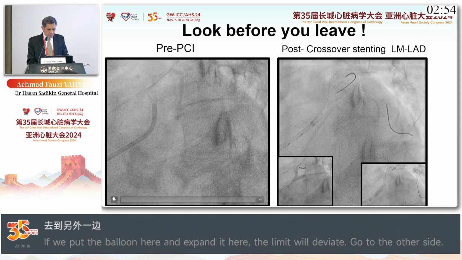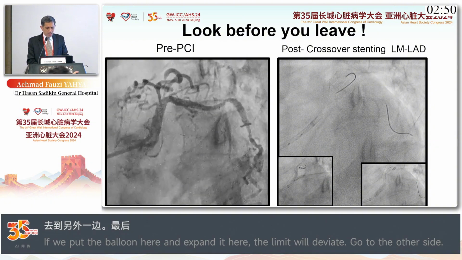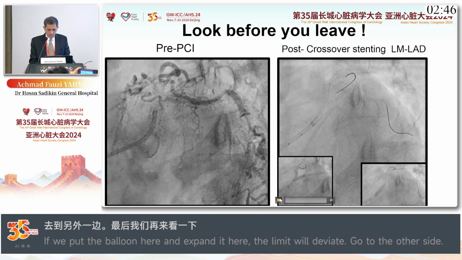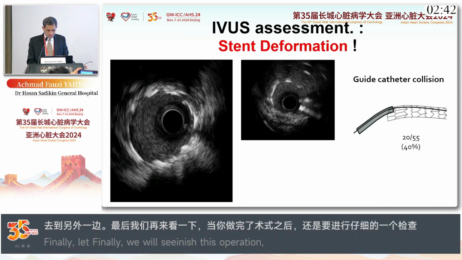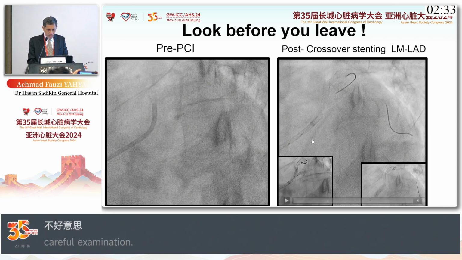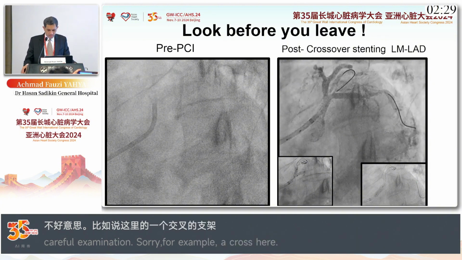And last, look before you leave. Sometimes you are already very good in doing the whole case. And post crossover stenting, left main to LAD, look at a very good result.